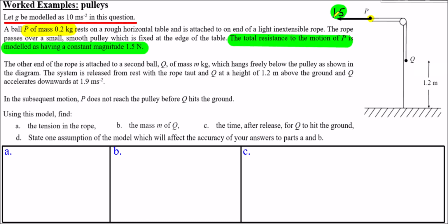So what else can we add on? It says the other end of the rope is attached to a second ball Q, and that's got mass m kilograms. So we're not told what the mass is for definite, we're just told it's m. Going down on the object Q will be a force of its weight, which will be mg.